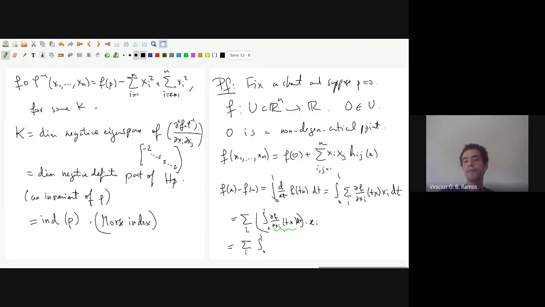So this minus 0 is equal to the integral from 0 to 1 of d/ds of df/dxi of stx ds, and then dt, and then xi.